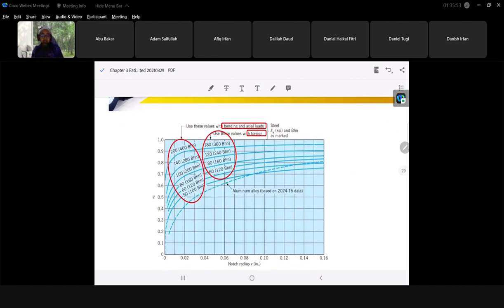This is the value of Q, notch sensitivity, notch Q. This is the graph.